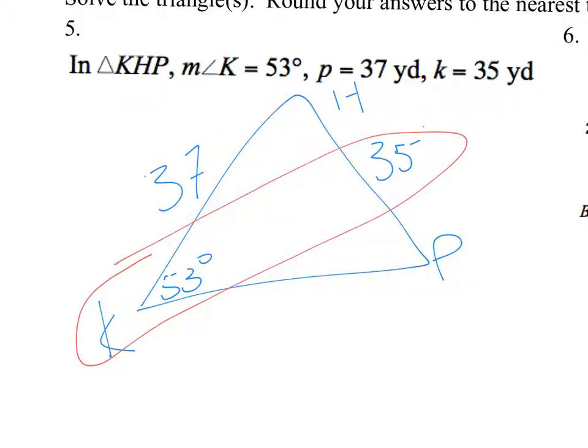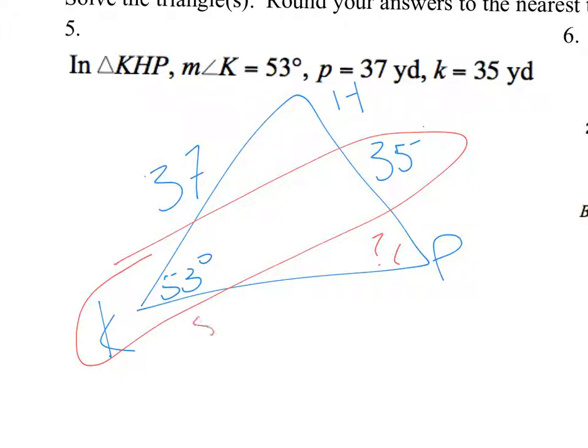The problem is that we're not necessarily sure if this is going to be the biggest side or the second biggest side, and that's going to determine what's going on with our triangle. Let's go for the standard one first.